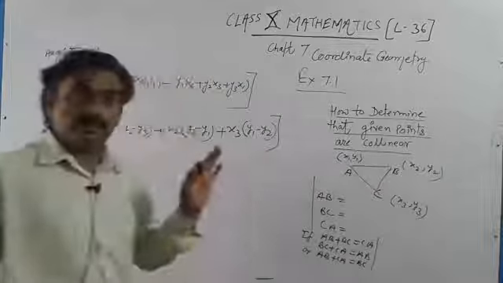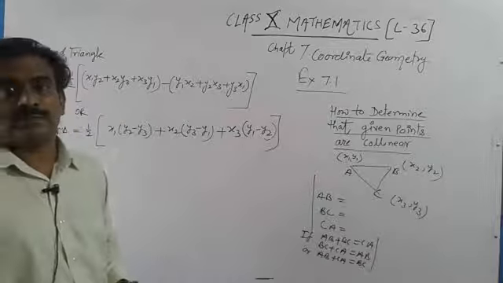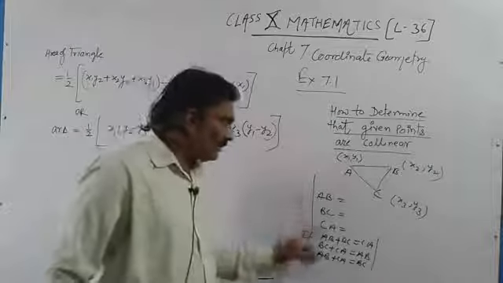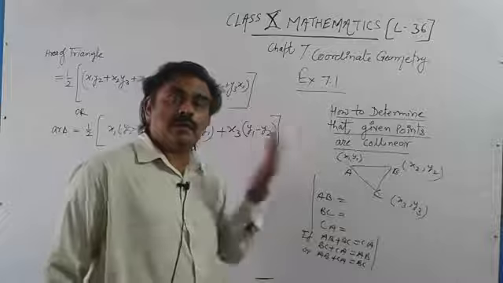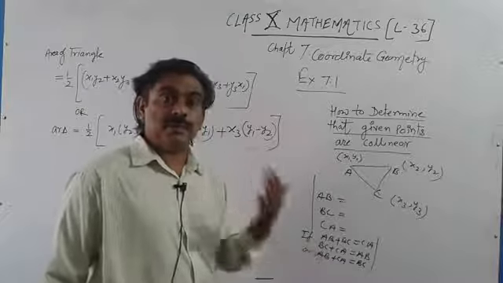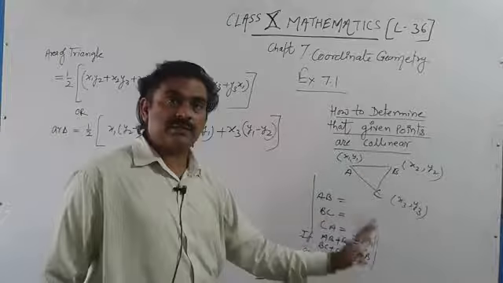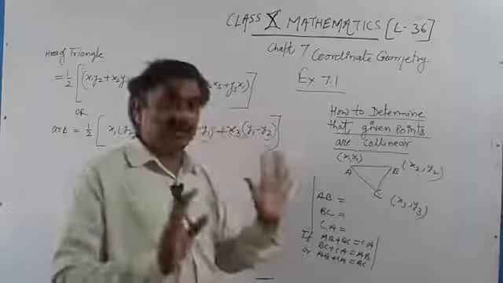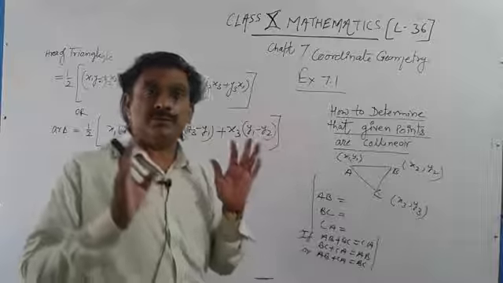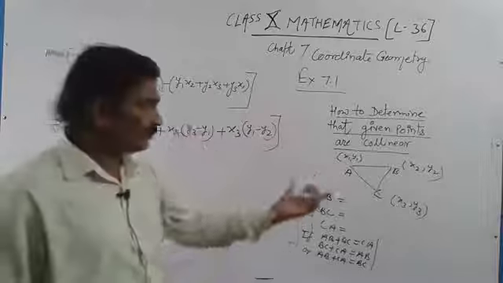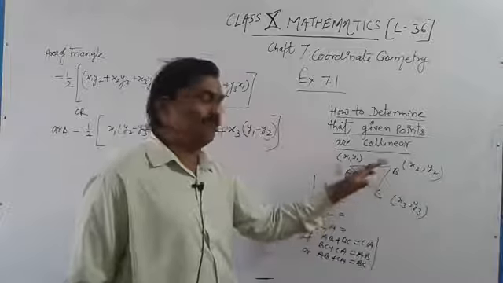Students, if these conditions exist, means if the sum of two sides is equal to the third side. From where will you find the sides? You are given points. With the help of points, first of all you must find distances like AB, BC, CA.